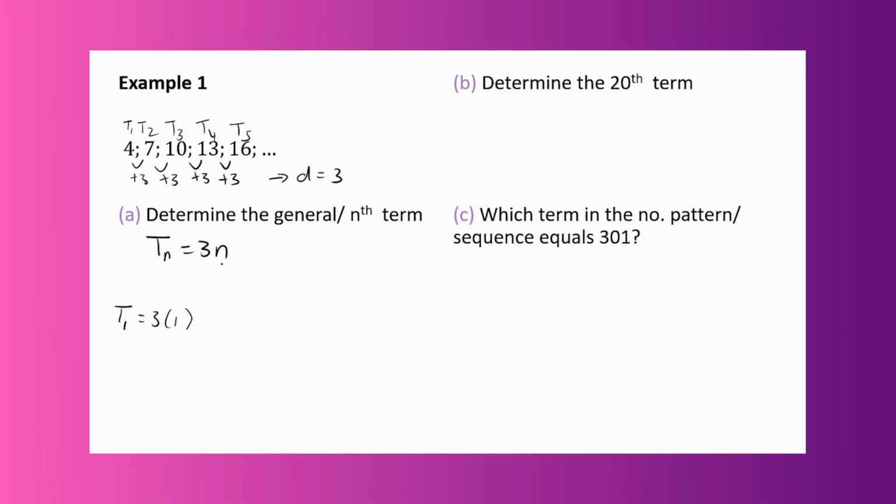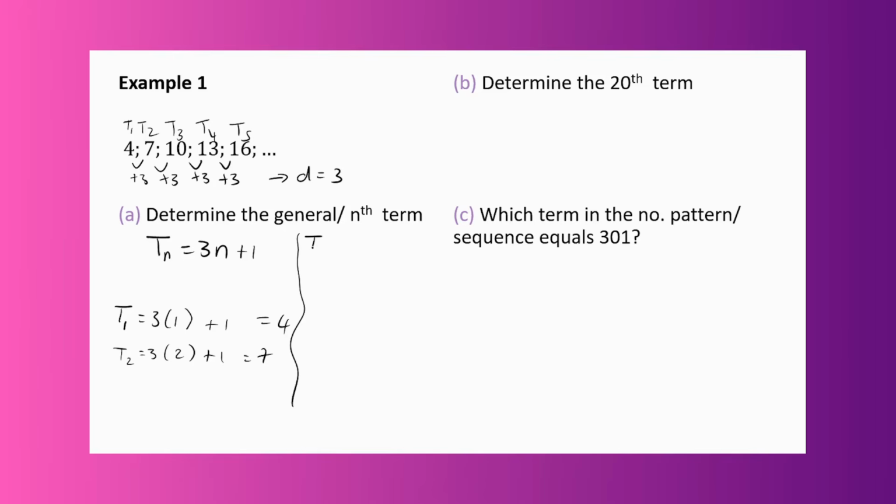If you substitute a 1 in there, then you get 3. But your answer is supposed to be 4. T1 is 4. So how do you get from 3 to 4? You add 1. You can test it with any of the others. 3 times 2 is 6, but you're supposed to have 7, so you plus 1 to get that 7. So from this, we can deduce it has to be 3n plus 1. That's one of the ways you could have found it.